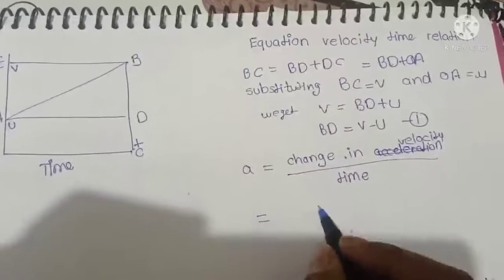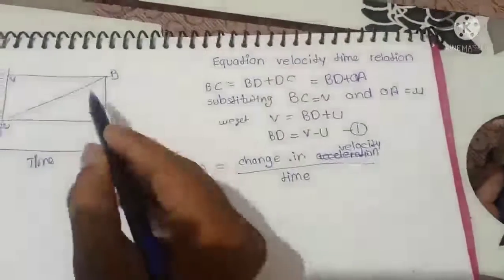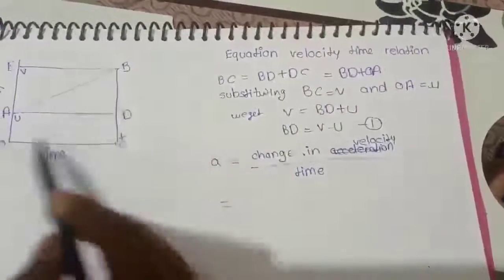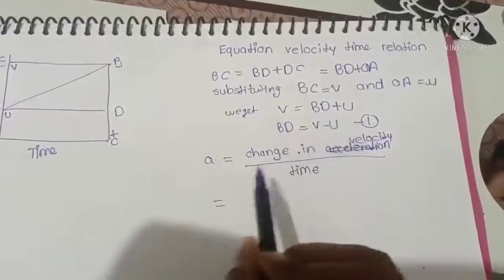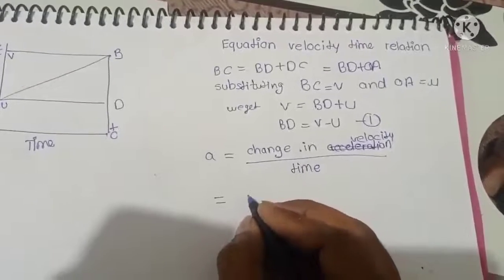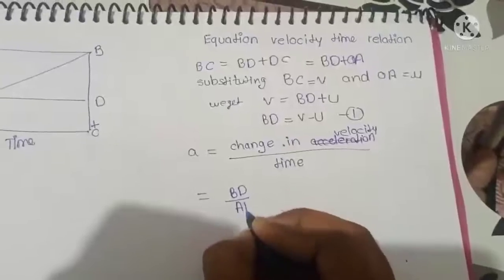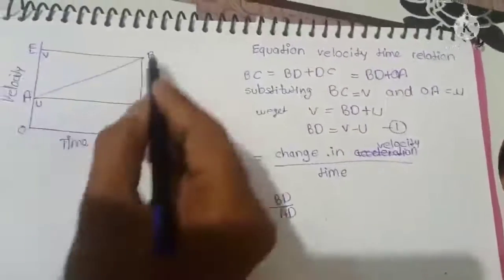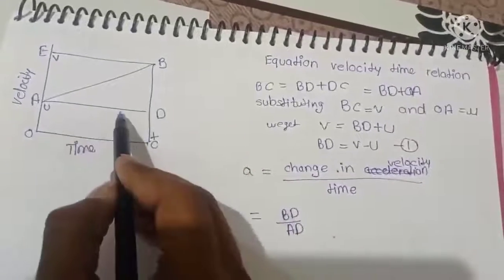According to this, BD is the change in the graph, so BD equals V minus U. So now we can write BD upon AD, change in velocity upon time.